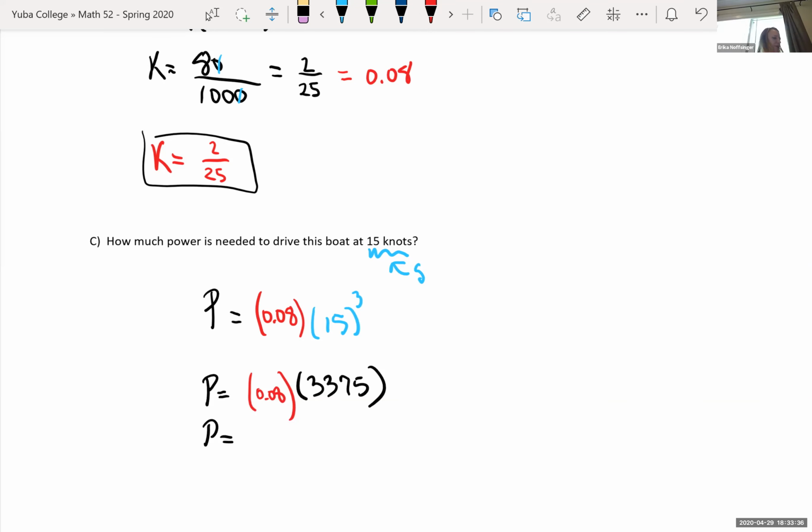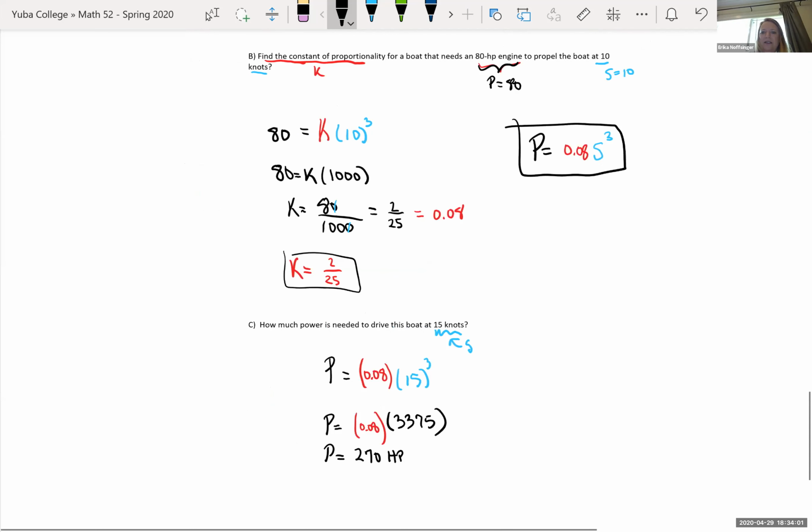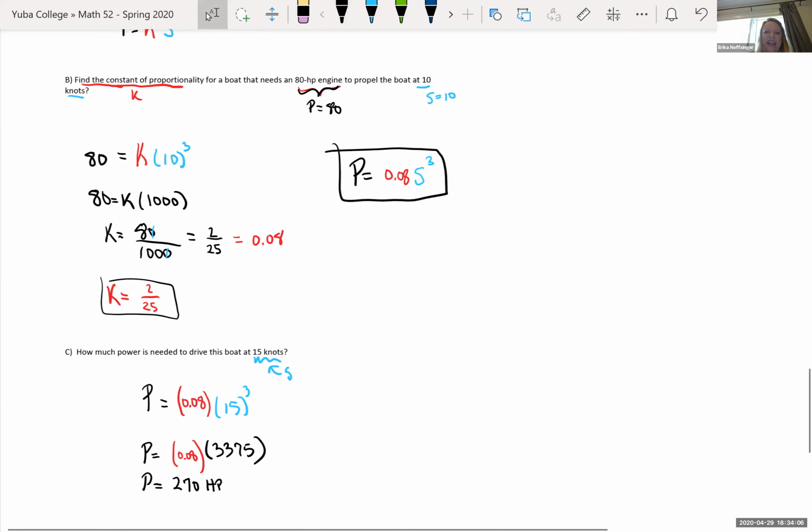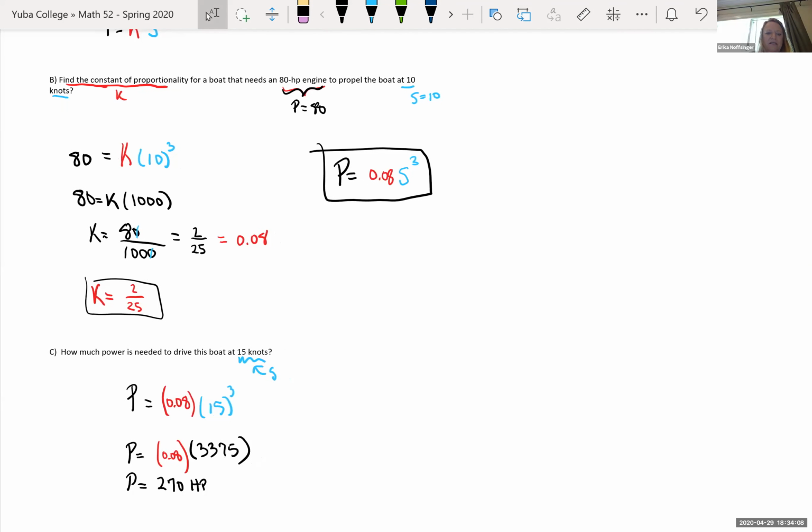Okay, so one more time, 3,375 times 0.08 is 270. So we need 270 horsepower to get up to 15 knots, where you only need 80 to get up to 10 knots.